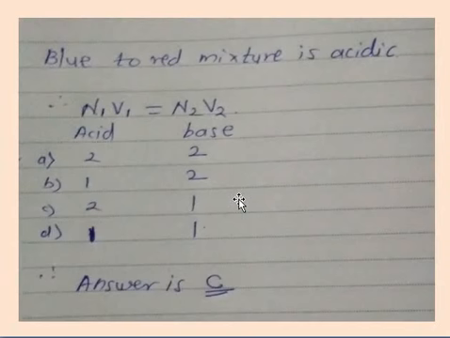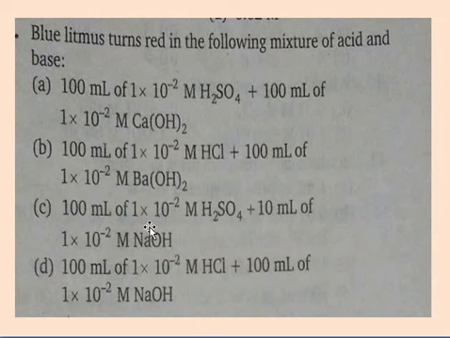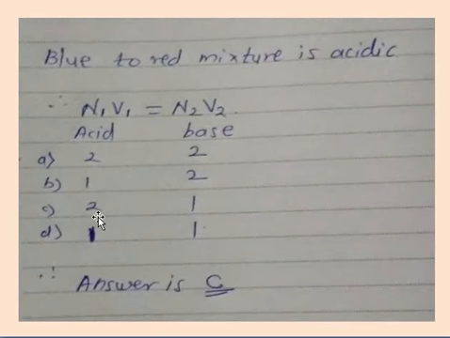Then C: 100 ml of sulfuric acid and 10 ml of NaOH. Since the amount of sulfuric acid is more, the NaOH is neutralized and there is excess sulfuric acid. Therefore, 2 volumes of acid and 1 volume of base.